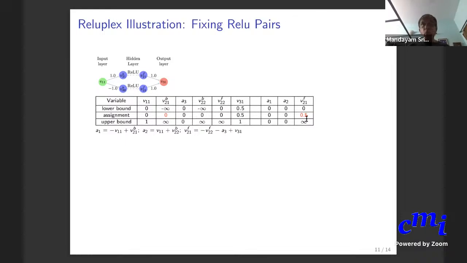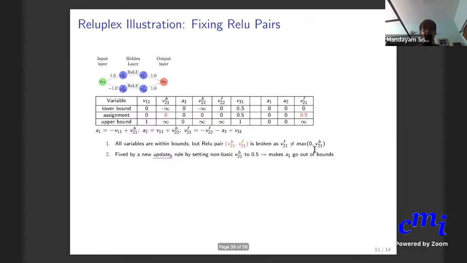V21 of f is 0.5, but the assignment for V21 of b is 0. V21 of f has to be the max of 0 and V21 of b, so it is broken because V21 of f is not equal to that max. How do you fix this?